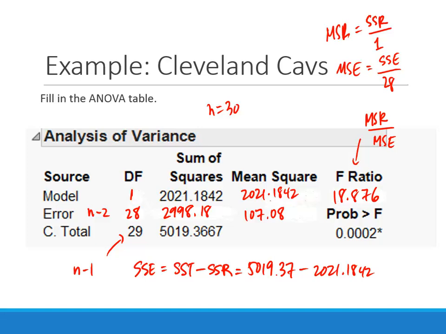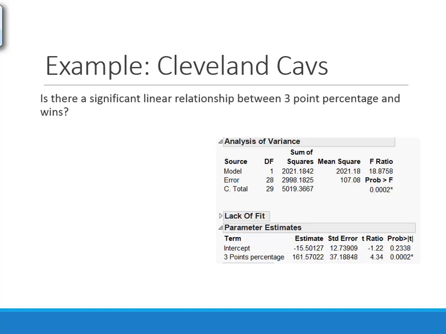Okay. So is there a significant linear relationship between 3-point percentage and wins? What do you guys think? Looking at the analysis of variance table there that we just filled in, as well as the parameter estimates.